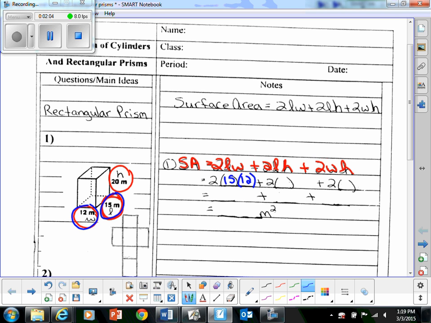Now I want to do 2 times the length times the height. So I'm going to plug the length in again. It is 15. And I'm going to plug the height in, which is 20. And my last piece of the prism is 2 times the width times the height, and the width is 12 and the height is 20.